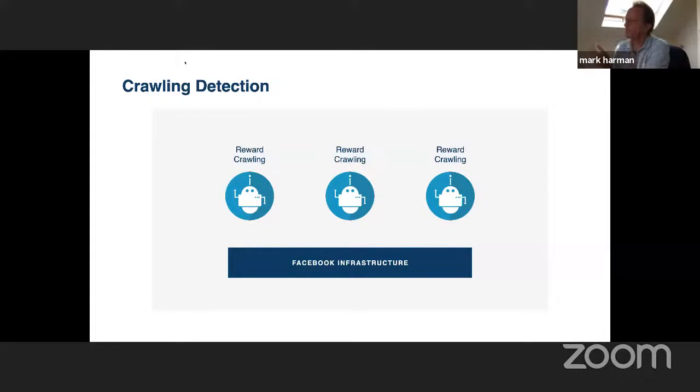So let's imagine we're training our bots to do crawling, and we're interested in essentially battle testing the existing infrastructure that we have at Facebook for detecting harmful behaviors.